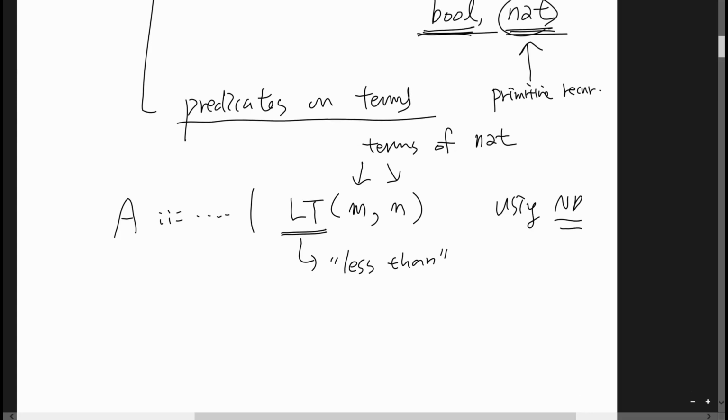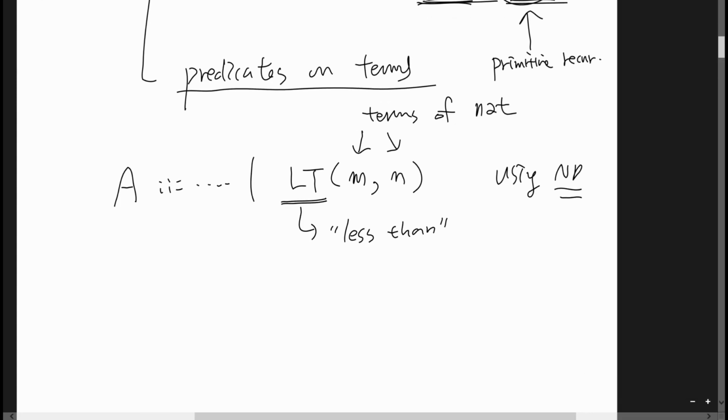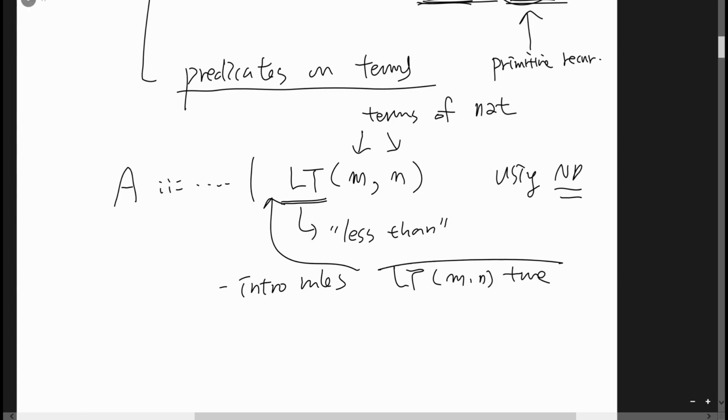So what I mean by using natural deduction is, of course, we are going to have introduction rules for this judgment. So for example, we will have introduction rules of this form, less than and true in the conclusion. So if you read this rule top down, you end up introducing LT.